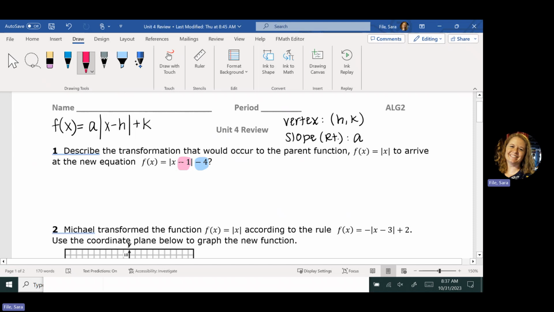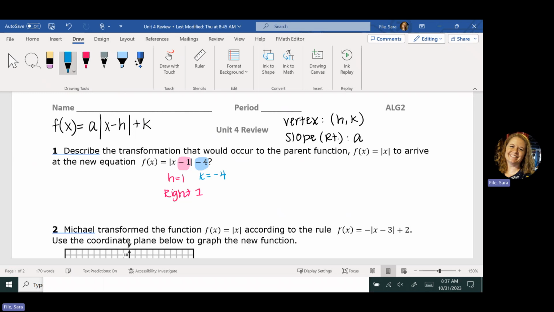So H is the opposite of -1. So H is +1. It is shifted right 1. K is the number on the outside, so -4. So that is shifted down 4. So this graph is translated or shifted right 1, down 4.